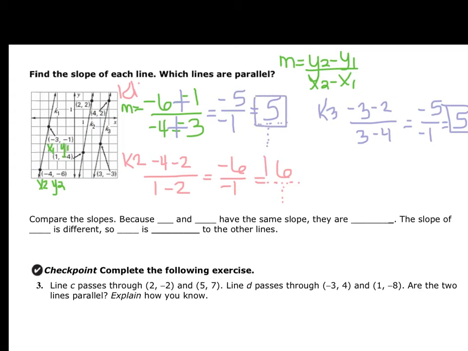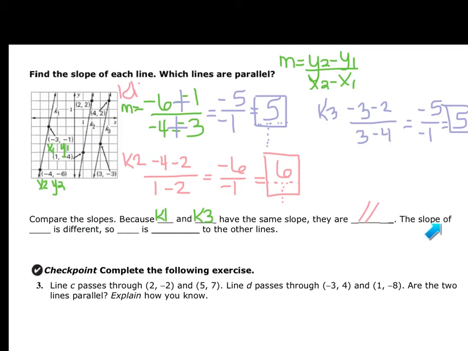So the question again is which lines are parallel? Well, parallel lines have the same exact slope. So what you do is compare the slopes. Now look what happens. Here we have a slope of 5, here we have a slope of 5, here we have a slope of 6. So because K1 and K3 have the same slope, then they are indeed parallel.